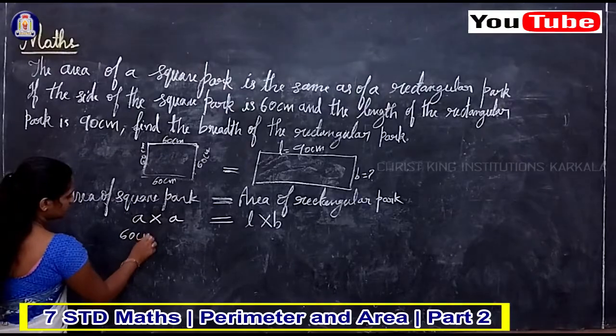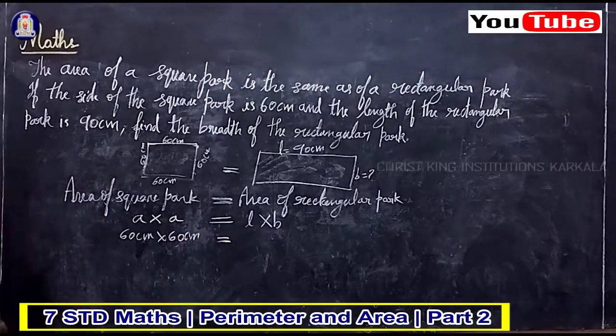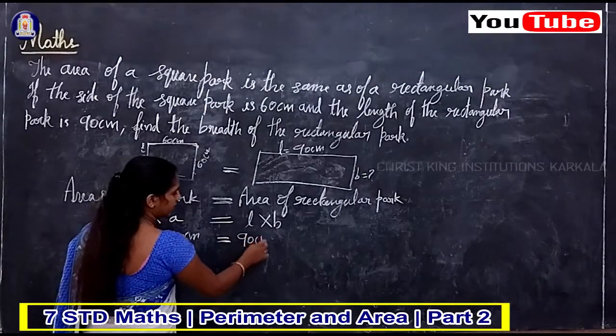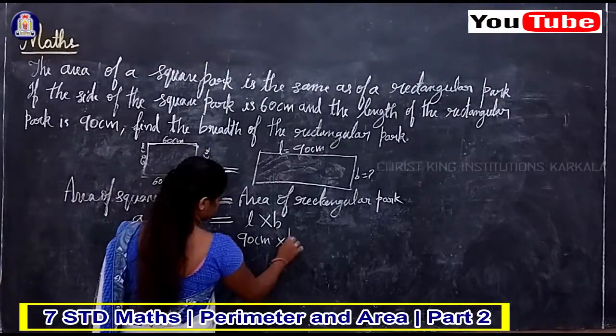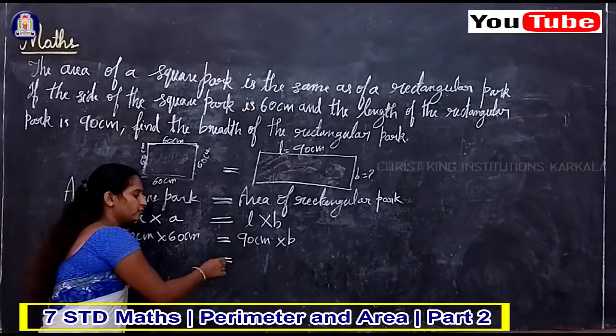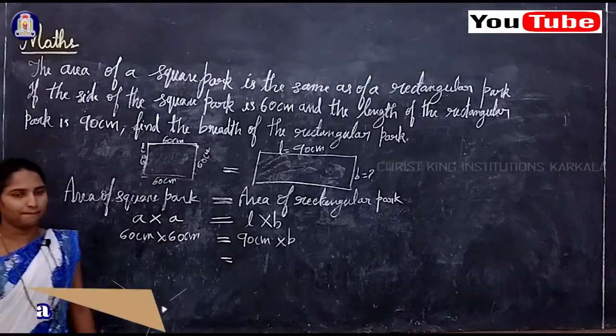So 60 centimeter into 60 centimeter is equal to, length is given, so in place of L we can write 90 centimeter, and B we don't know, so write B as it is. So now we want to find the value of B, means breadth of the rectangular park.